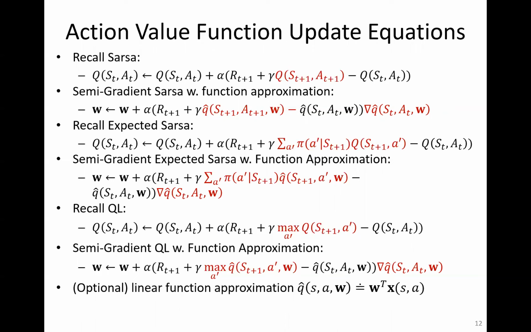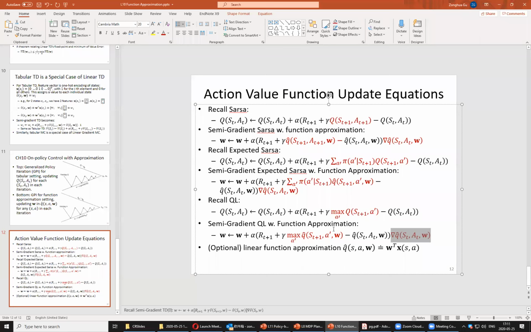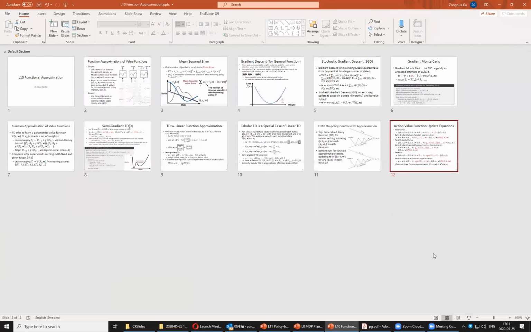So you can replace the gradient term with x, from the linear function approximation. So that's the end of the short chapter on function approximation. Any questions?